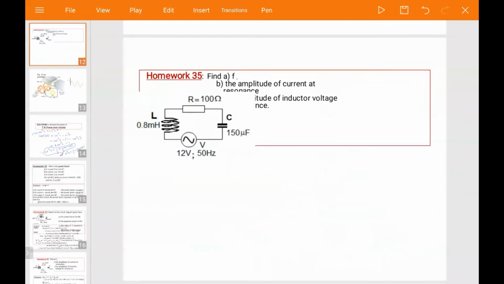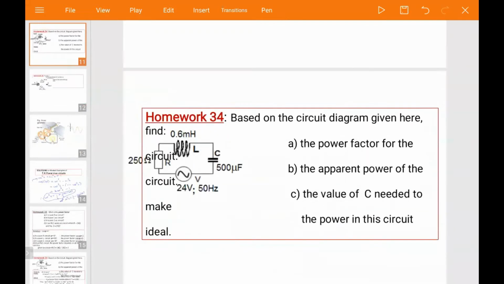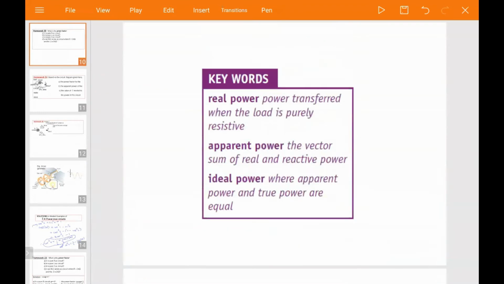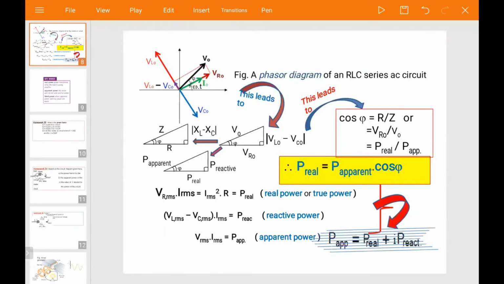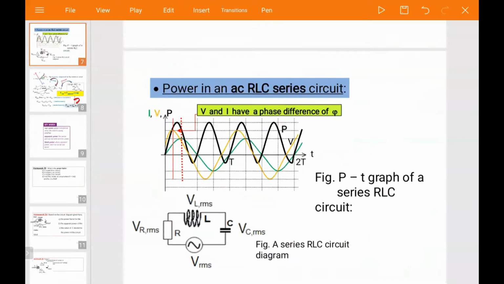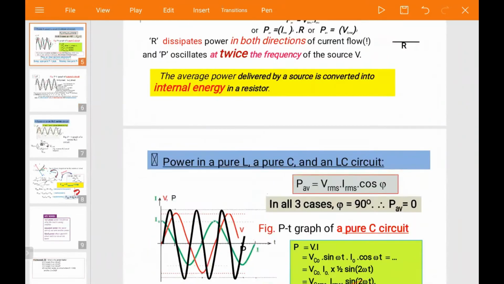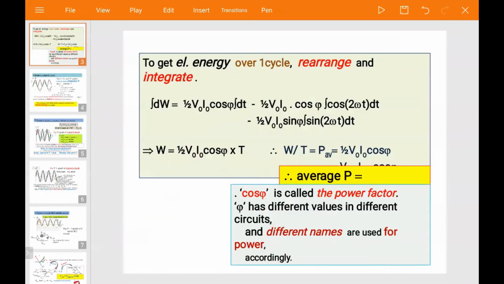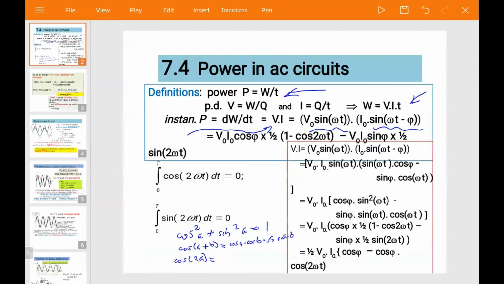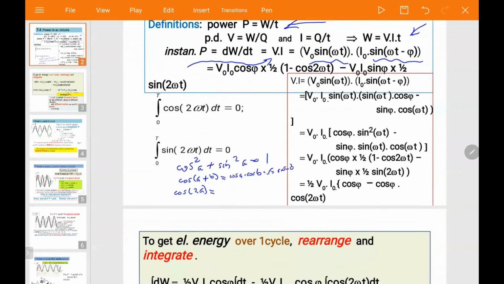I'm going to go forward. You see this picture here? It seems to be a little bit intimidating, isn't it? But with your mathematical knowledge, you can easily master this. So finally, you see instantaneous power, and you integrate.